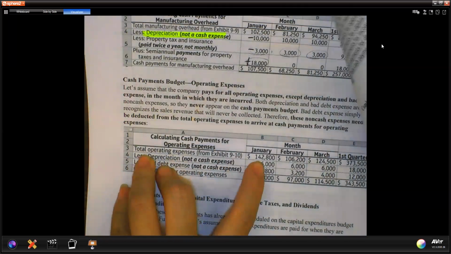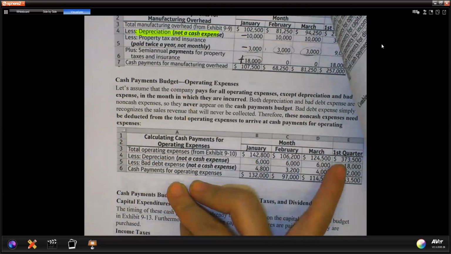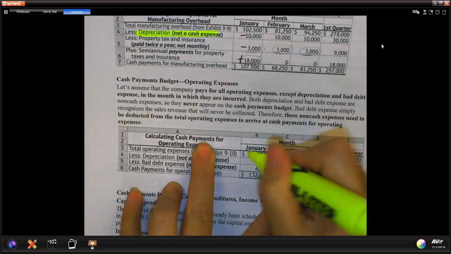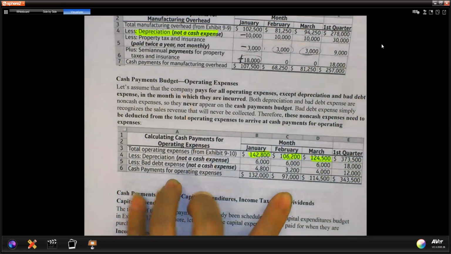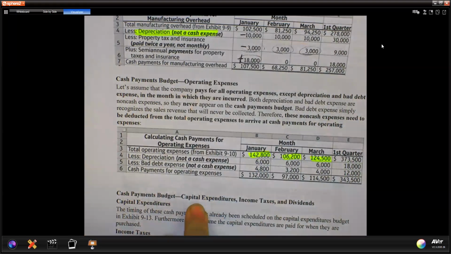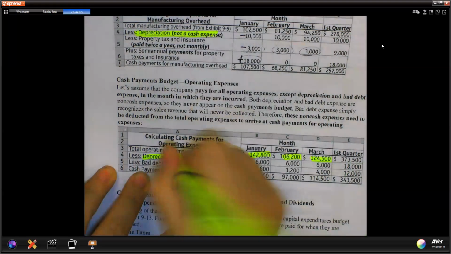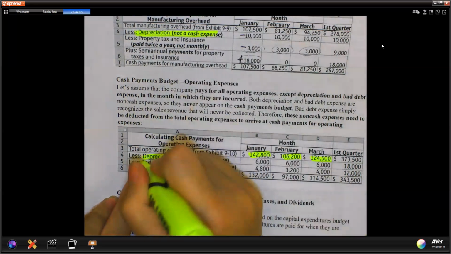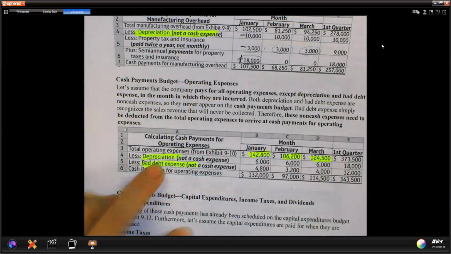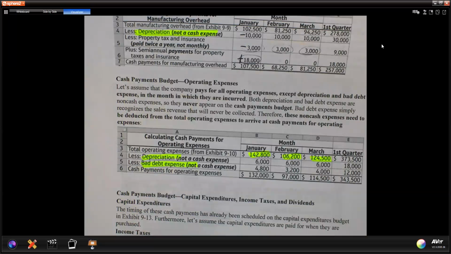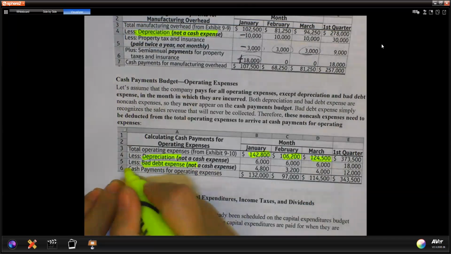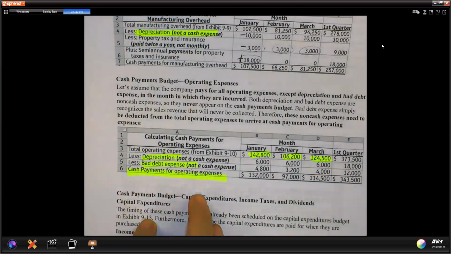We copy from there, and we get our budgeted expense. Then we said, hey, some expenses are not related with cash. First thing is depreciation. Second is bad debt expense. Those are non-cash expenses. They have to be subtracted from your cash payment. So you get your cash payment for your operating expense.